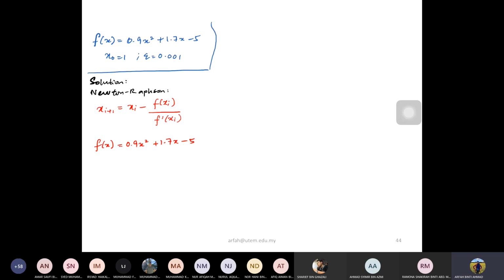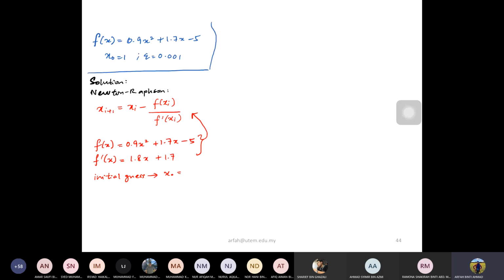Derivative dia 1.8 x plus 1.7. Okay. So daripada sini kita nak menggunakan this equation, awak nak masukkan dalam equation ni. Okay. So kita nak letak dengan initial guess yang mana awak nak akan ada x naught.